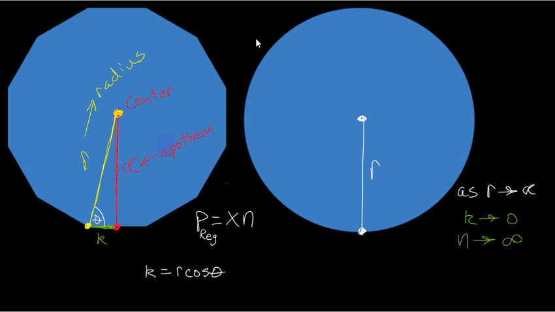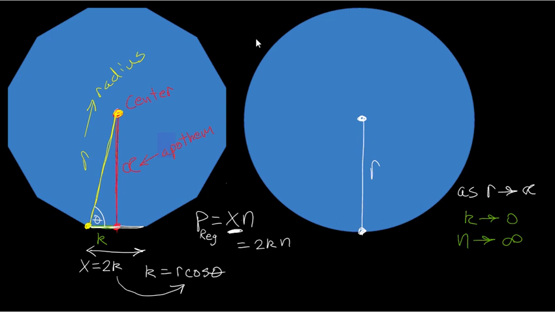So, what have we got? We can go ahead and say that if you do 2 times k, that's equal to x, the length of the side of this guy right here, right? So we can say x equals 2k. And we know that k equals r cosine theta. So we can go ahead and substitute a little bit. So instead of x times n, we can say that we've got 2 times k times n, right?